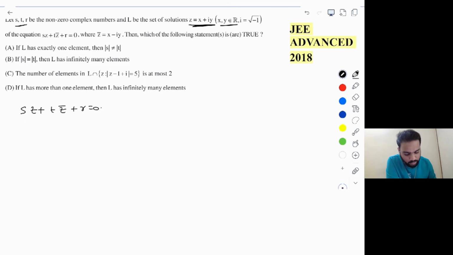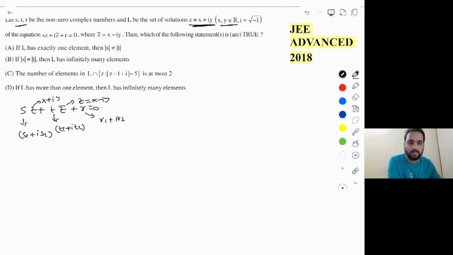So if I put s equal to some complex number, s1 plus i times s2, and obviously z you will take as x plus iy, and you will take t as t1 plus i times t2. Similarly, z bar is x minus iy, and r is nothing but some r1 plus i times r2.